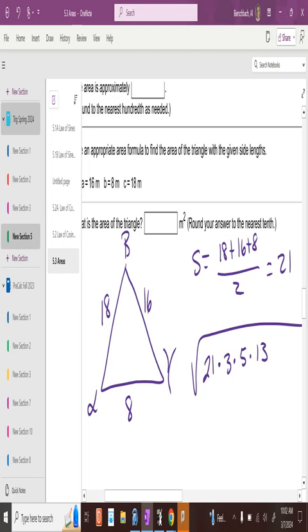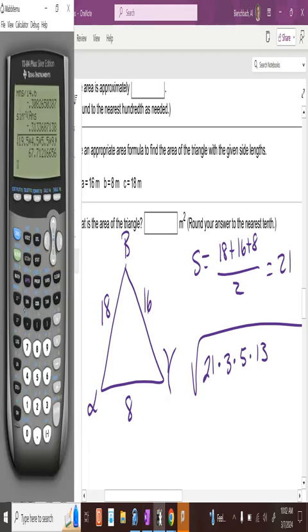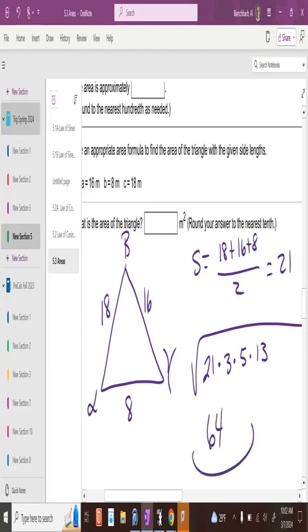Because you just subtract. Rounded to the nearest 10. Okay? Areas.